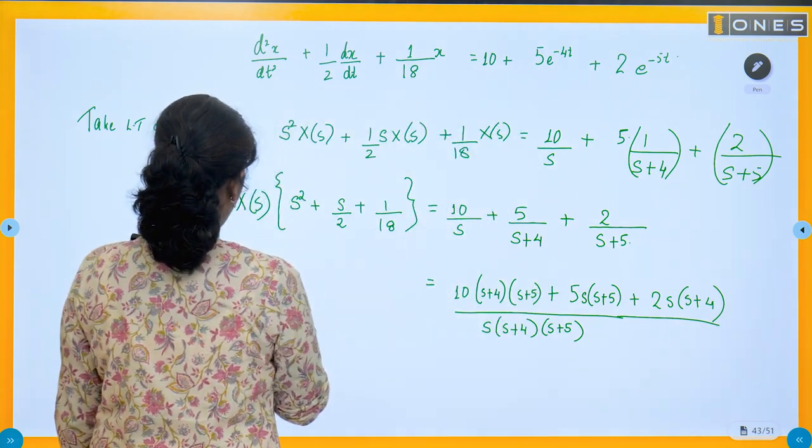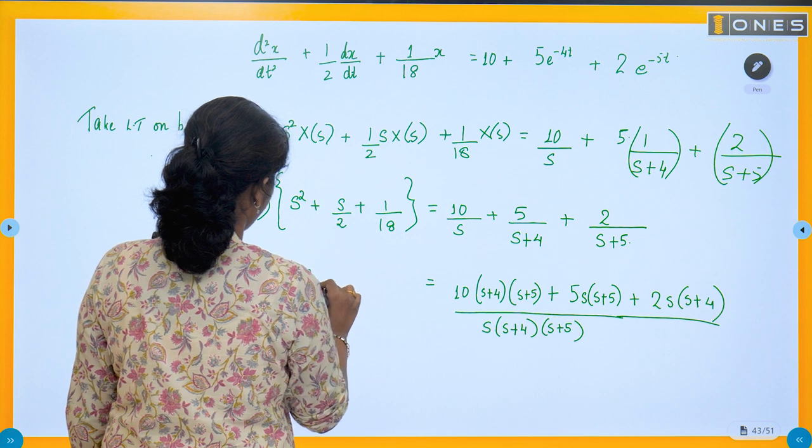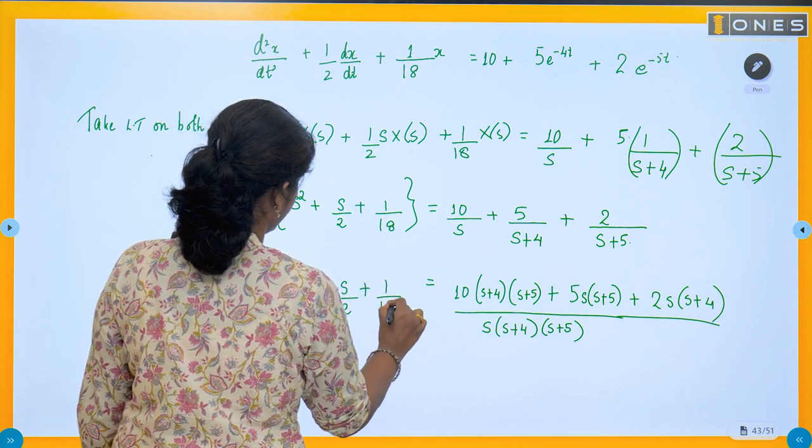That is X of s into s square plus s by 2 plus 1 by 18.